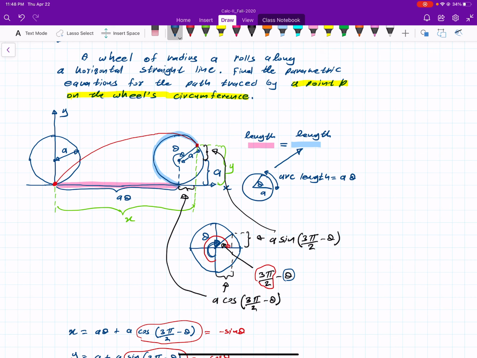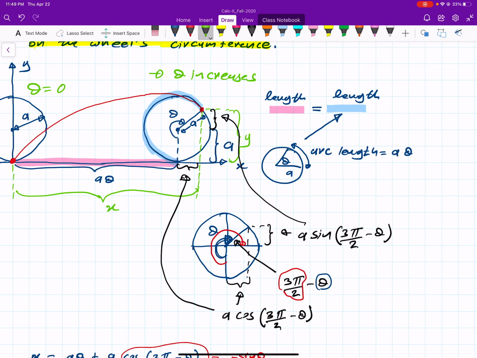This angle theta varies from 0. At the beginning it was 0. Here, let me write it. Here theta equals 0, right? And then when it goes, theta increases indefinitely.